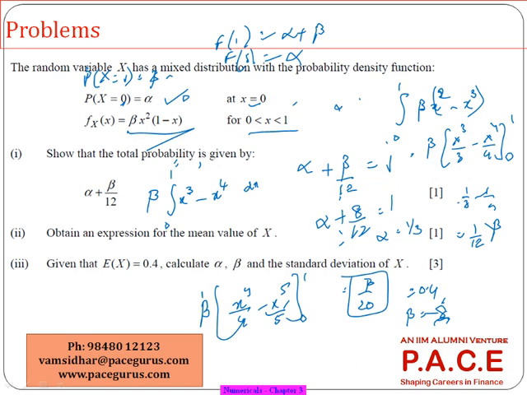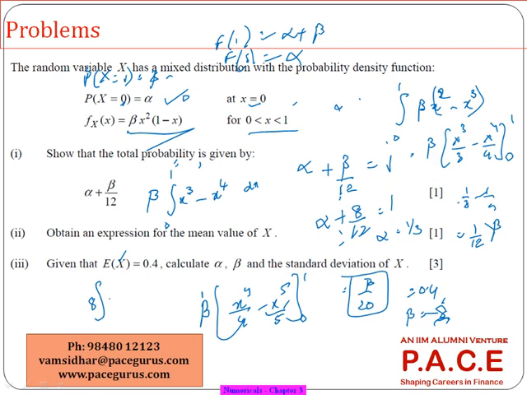Now he is asking for standard deviation of x. Anyhow, expectation of x squared for the discrete part is 0 only. So the contribution of the first part is directly 0. For the second one, it is again integration of beta, which you now know is 8.